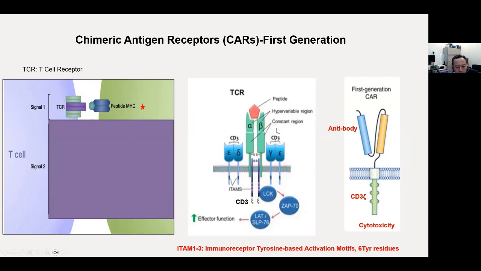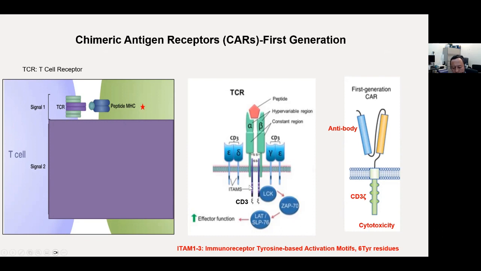The T cell receptor complex in our body is very complicated. It basically has 8 proteins in the complex, and this part recognizes the signal, basically the antigen, and then it activates this part, ITAM, an immunoreceptor tyrosine-based activation motif.